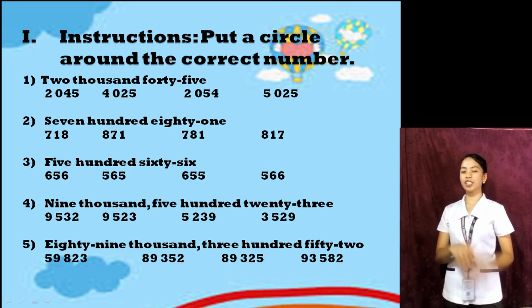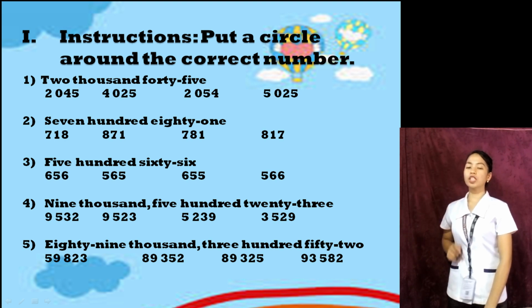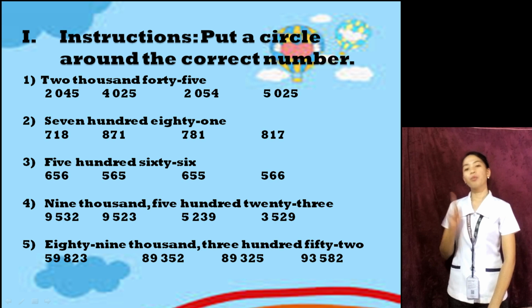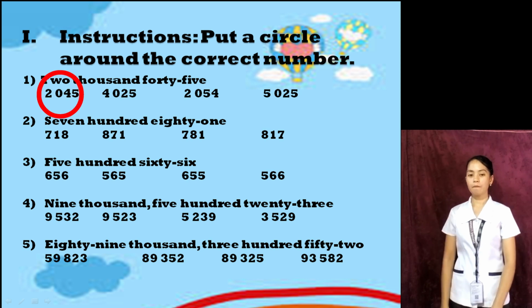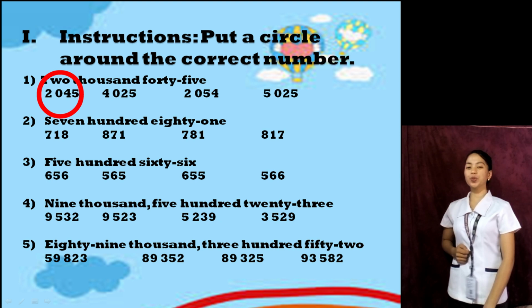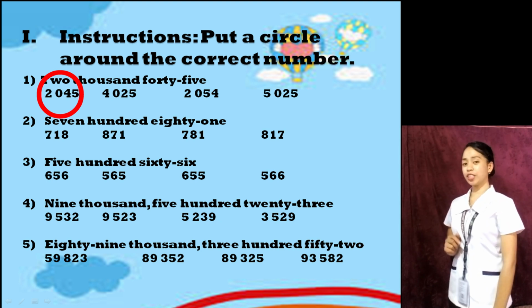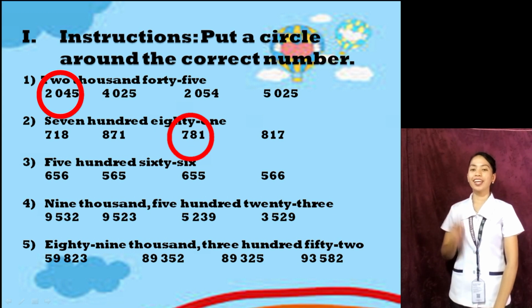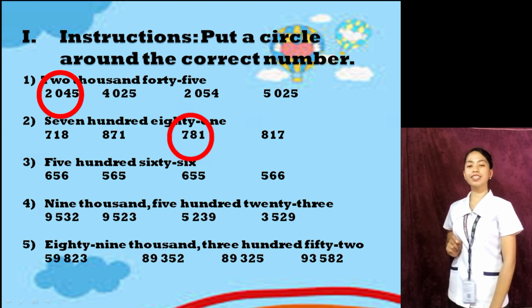So let's answer the test 1. Number 1, 2045. Where we should put a circle. Okay, in the first choices. For 2, 781. Where we should put a circle. Very good. In third choices. For 3, 566.